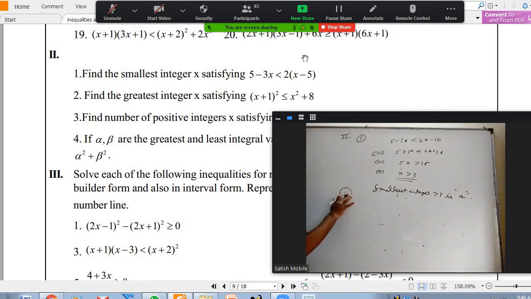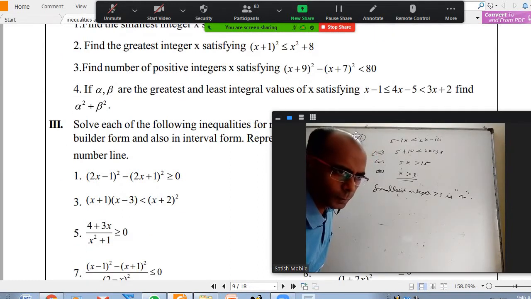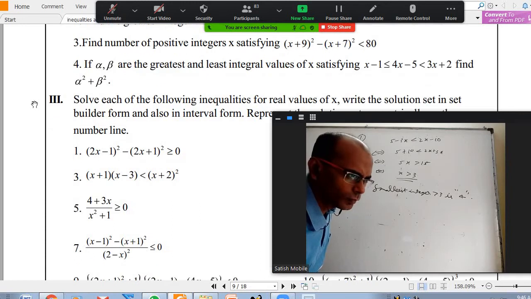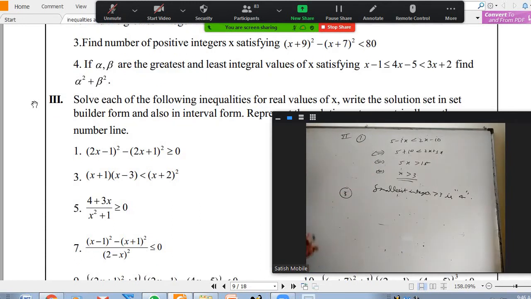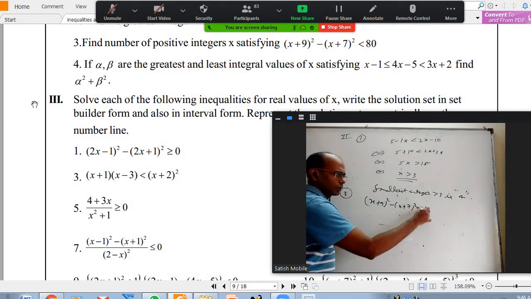Third question next. Find the number of positive integers. How many integers are there? They want positive integers. So I can use the a square minus b square formula or expand it. Anything is okay. x plus 9 whole square minus x plus 7 whole square less than 80.